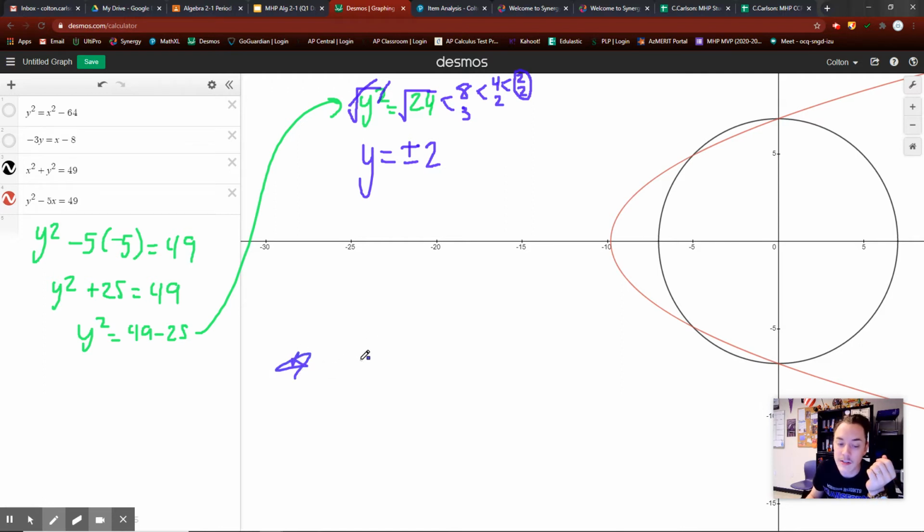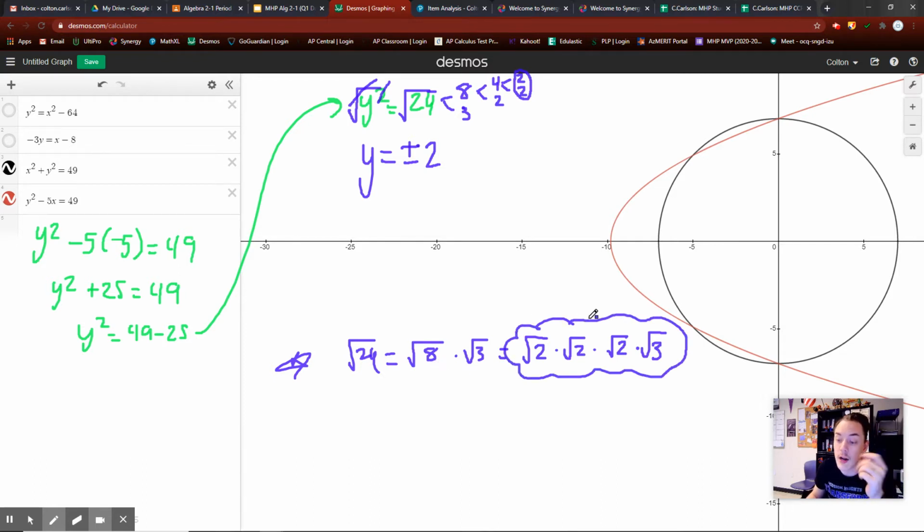As a side note, I could do radical 24. This equals radical 8 times radical 3. That also equals radical, get ready for this, radical 2 times radical 2 times radical 2 times radical 3. Why is that? Because what's 8? 2 times 2 times 2, right? So this right here is really what I'm doing. See what I'm doing here in red.